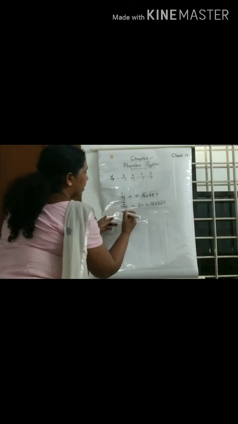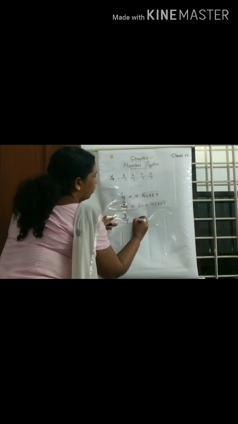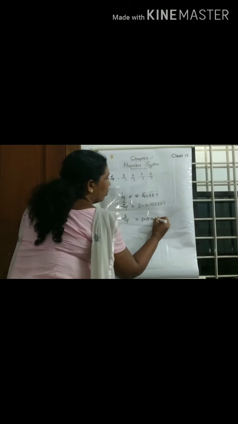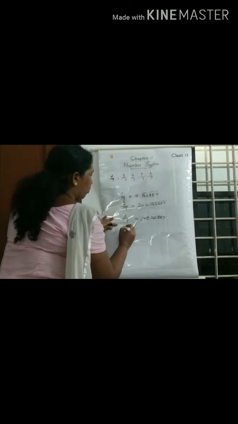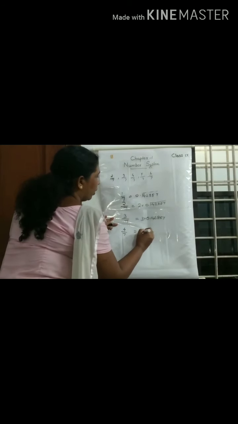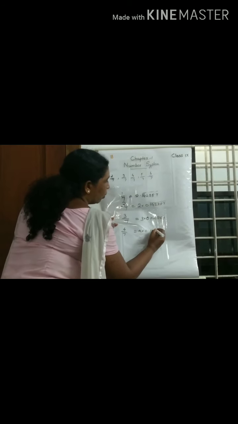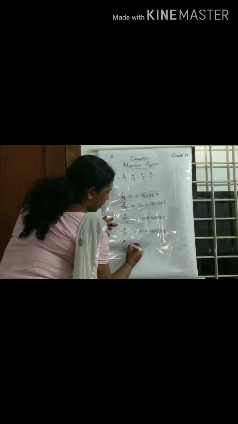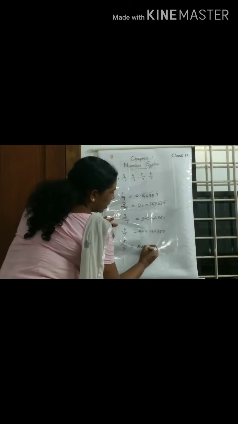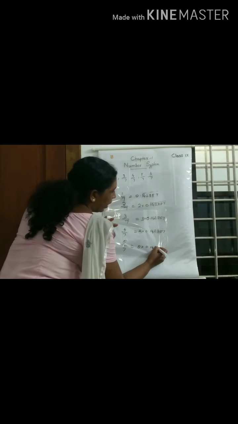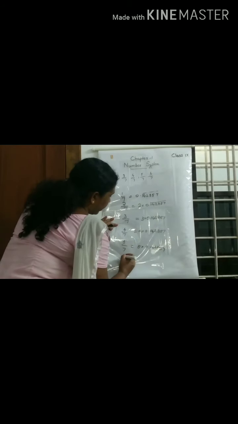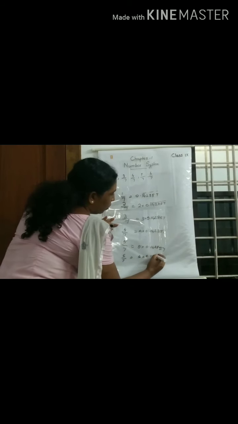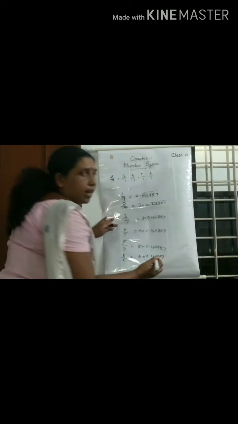Then 3/7 is 3 into 0.142857, and 4/7 is equal to 4 into 0.142857. 5/7 is equal to 5 into 0.142857, and 6/7 is equal to 6 into 0.142857. Understand?